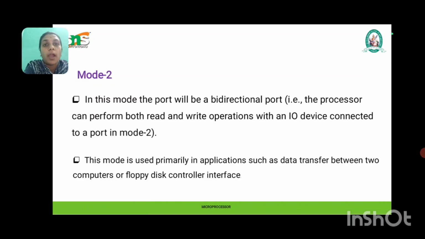Only port A can be programmed to work in mode 2. And 5 pins of port C are used for handshake signals in this mode.